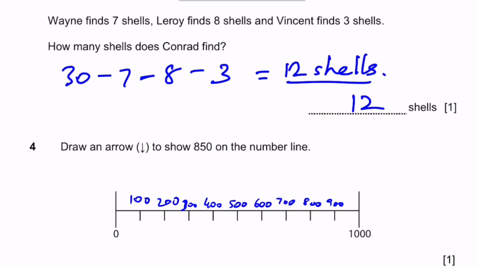So it'll be in the exact middle, right over there. Just draw the arrow, and we can erase the labels now. So the arrow should be right in the middle of 800 and 900. That's the answer.